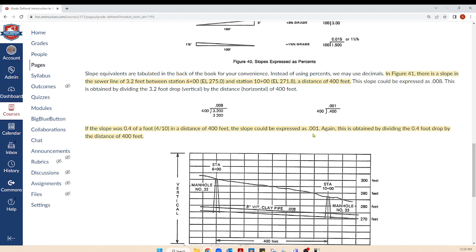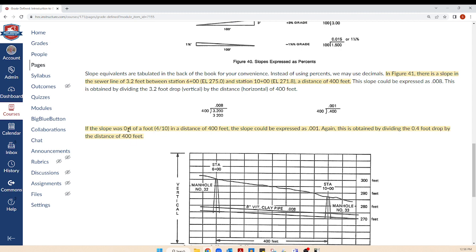That would be 0.1%, right on the money. 0.001. 0.008 is, these are all really close, but to be accurate, this one here is what we're looking at, 3.2.